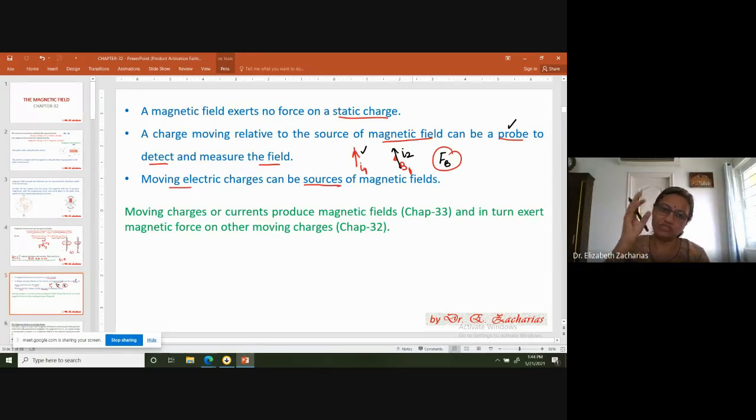So what is happening to a charge there? That's what you're going to study in chapter number 32. When you go to 33, you're going to study the source of the magnetic field, how a moving charge or a current becomes a source of a magnetic field. So that's the relationship between chapter 32 and 33. Any doubts?